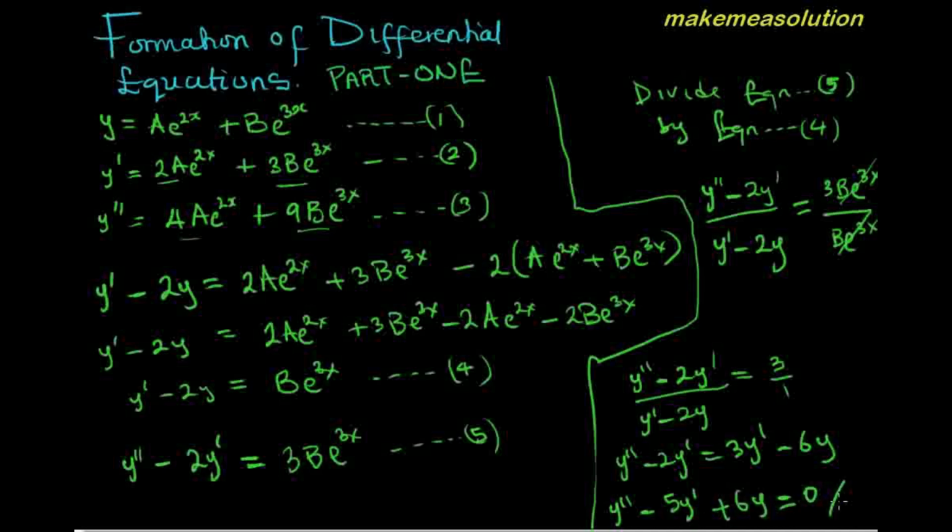So this becomes the answer. This is the differential equation that is formed when you eliminate the arbitrary constants and when you follow the steps. So I'm going to show you another way to obtain this particular answer in the next step now.